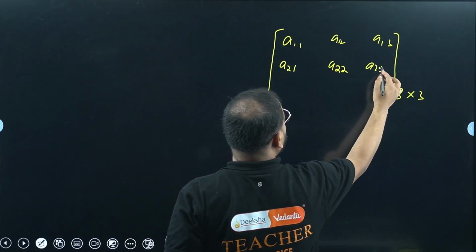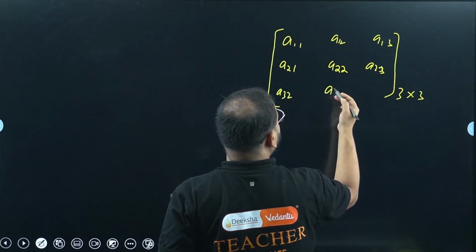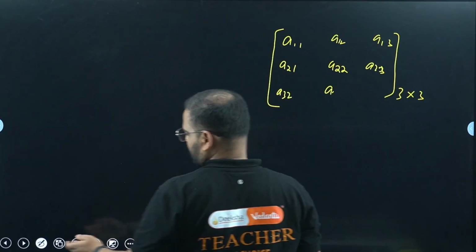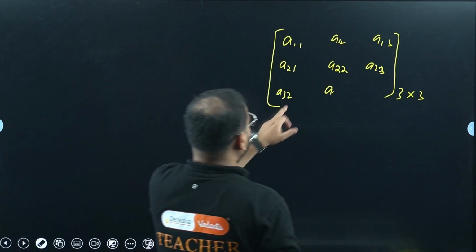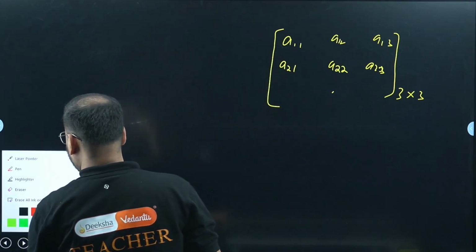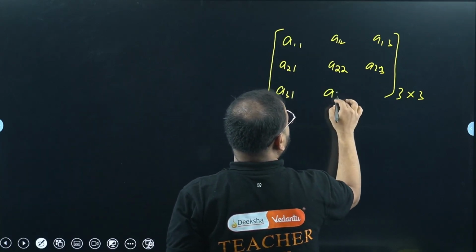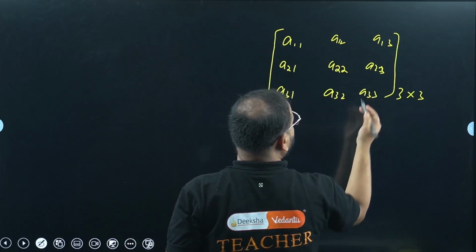And what will this be? This will be A31, forgive me, the same mistake. This will be A32 and this is A33.